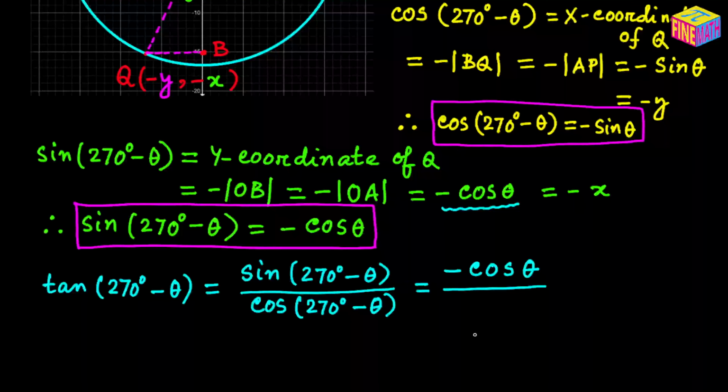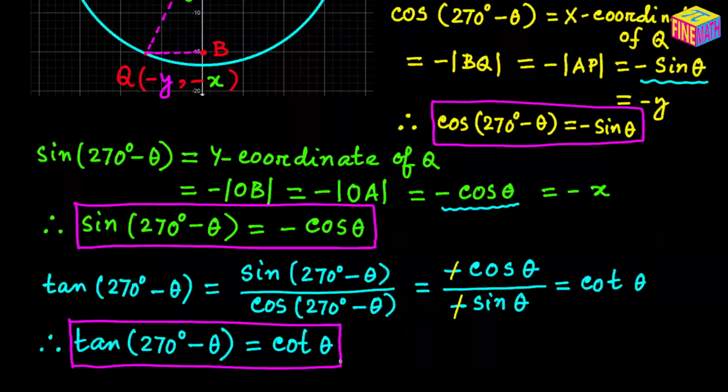And also what is the value of cosine of 270 degree minus theta? Well, that is actually equal to negative of sine of theta. So can we write it as negative of sine of theta? And then as you can see, the negative one in the numerator and the denominator will cancel out each other, and we are going to be left with cosine of theta divided by sine of theta, that is actually cotangent of theta. So this is nothing but cotangent of theta. So let me make a quick note.